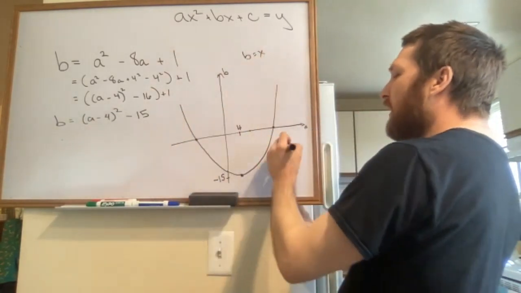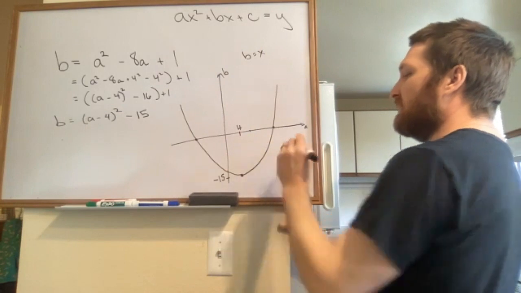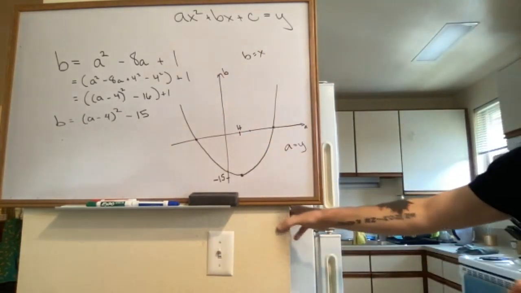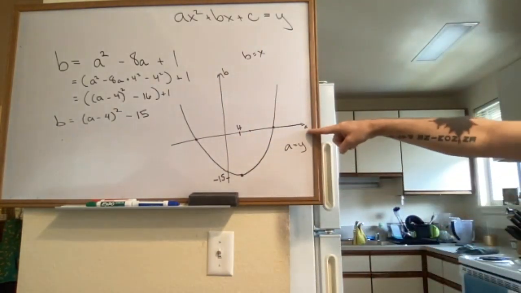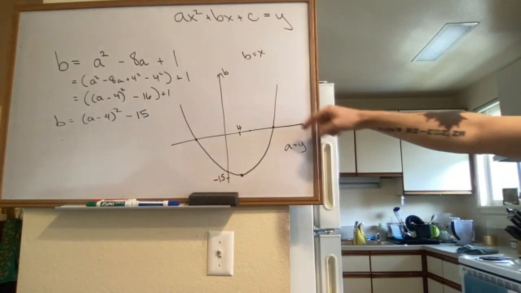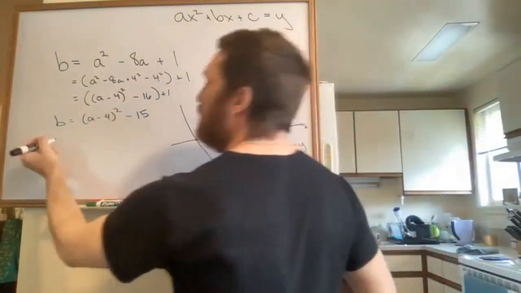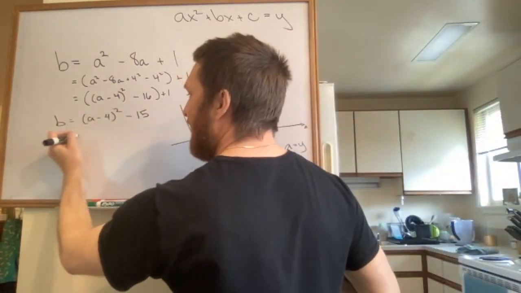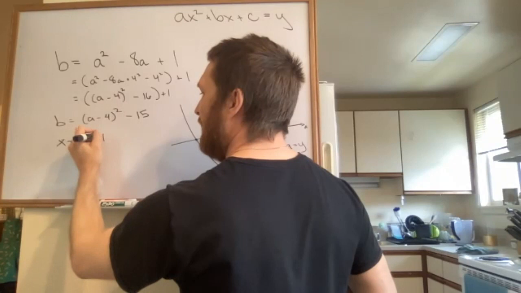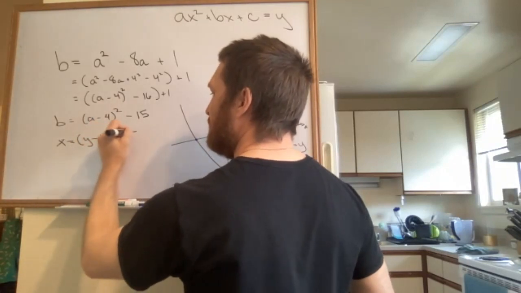Oh no. And what if the a-axis was the y-axis? Oh no. Well, I could just label this axis as y, and I could label this axis as x. And my original equation, I guess, would be x equals (y minus 4) squared minus 15.